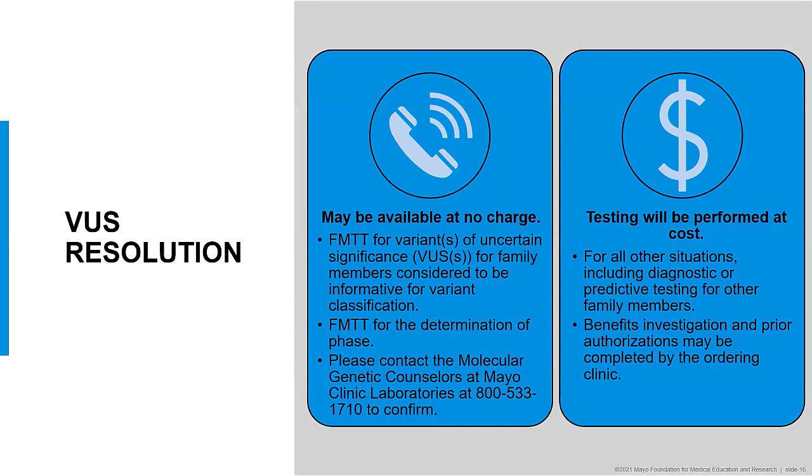FMTT may also be performed for VUS resolution via segregation analysis or phase determination. Clients should contact the laboratory genetic counselors to confirm for their specific case if testing is available at no charge. Of note, we may not be able to reclassify the variant immediately when doing this type of FMTT, but the evidence gathered will help inform future variant reclassification.